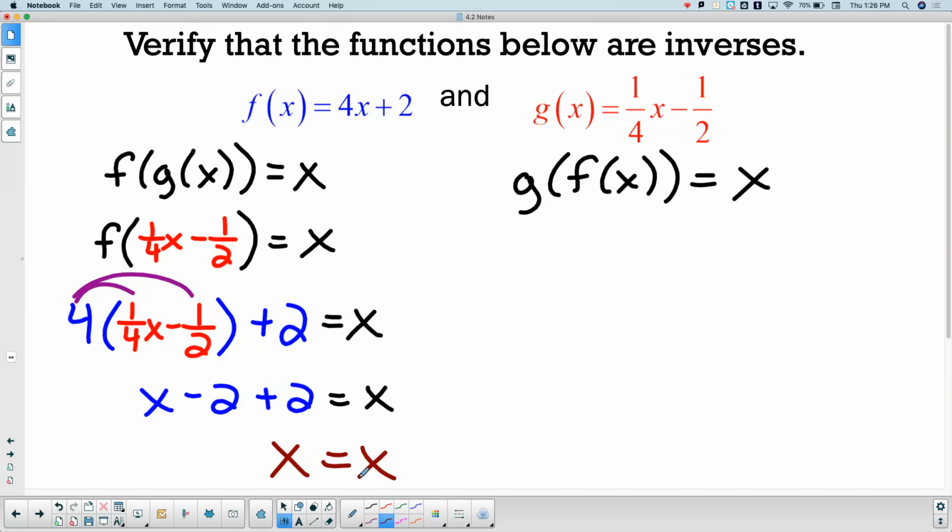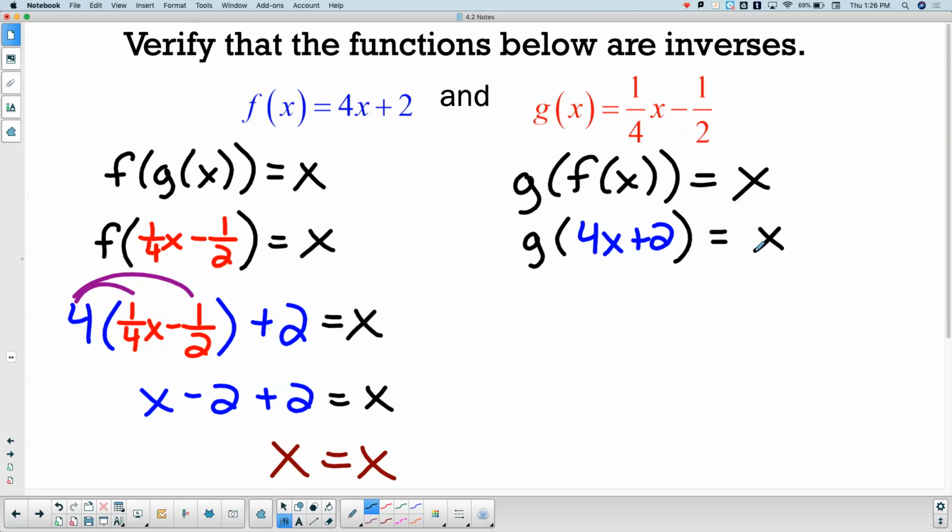But that just says now you've got to go to the other one. So now I'm going g of 4x plus 2 equals x.